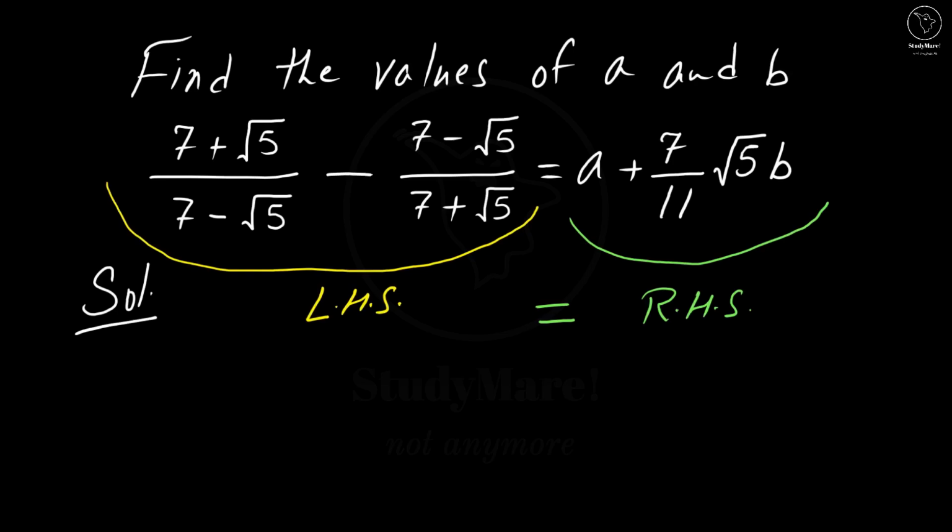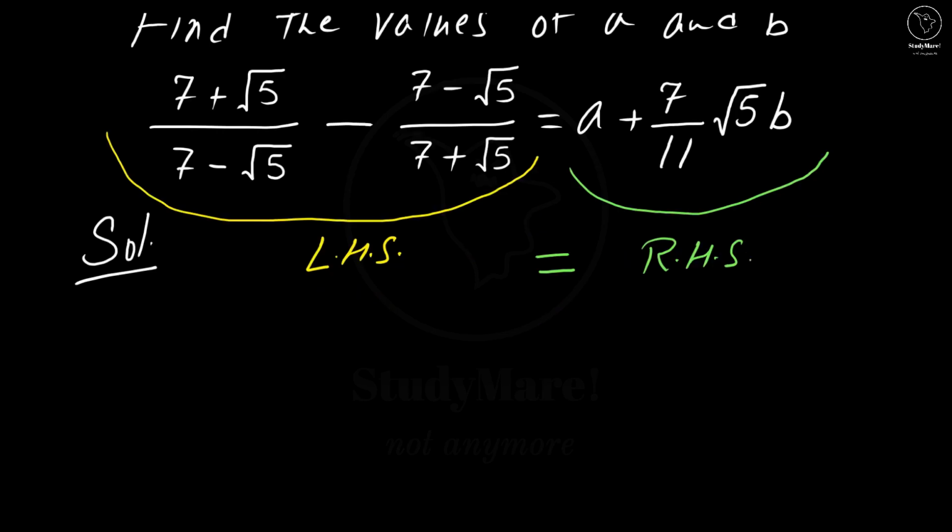So we have to simplify and reduce the LHS and bring it in a format that looks similar to RHS. Once we do it, we will be able to make the comparisons and pick out the values of a and b. And in this question, I am not going to separate out LHS and RHS. Rather, let's do the complete expression all together.